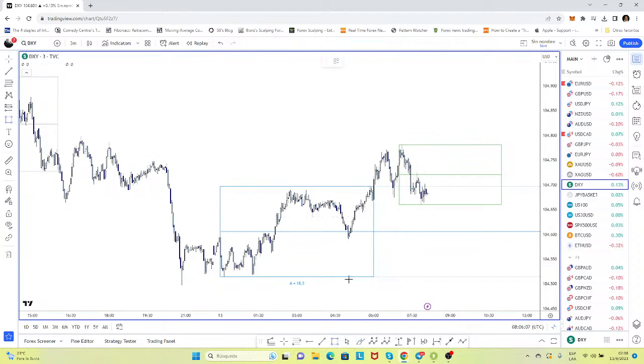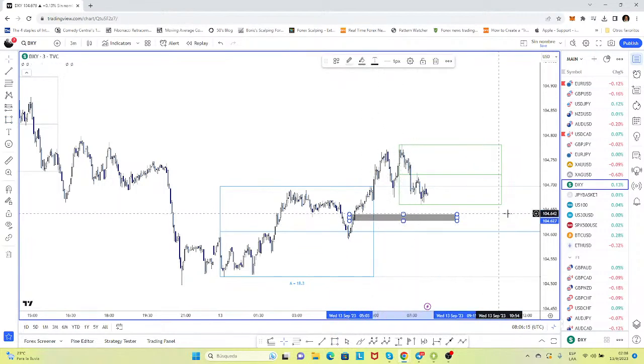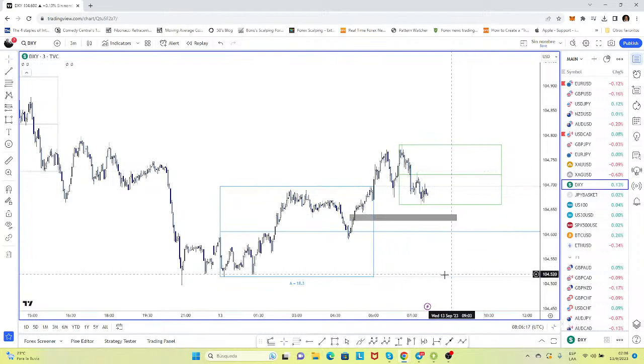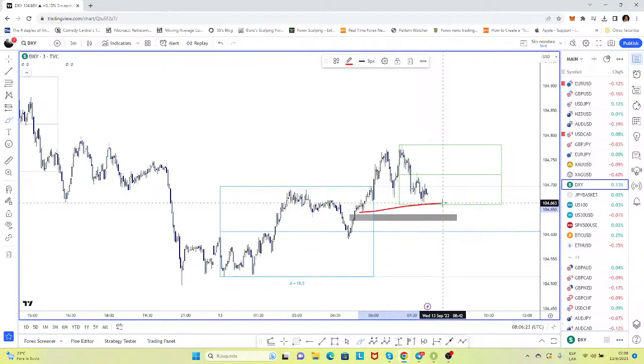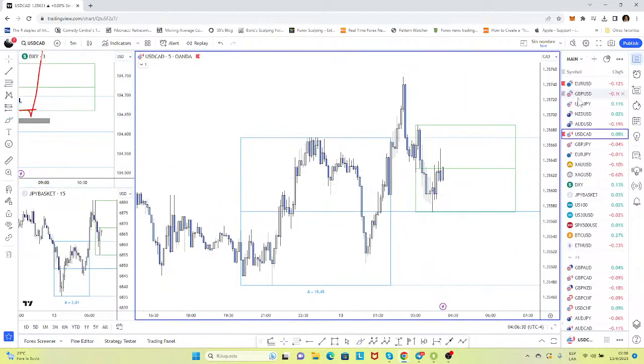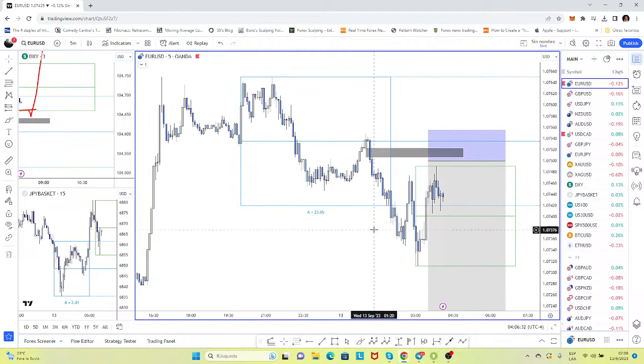What I'm waiting for is for price on the DXY, the US dollar, to come back towards this level. Now eyeballing it a little bit towards this level for an upside continuation. So my plan is that I am waiting for the liquidation of these lows on the DXY for more upside continuation, which means that it is exactly the same setup that I'm waiting on the Euro US dollar, right?